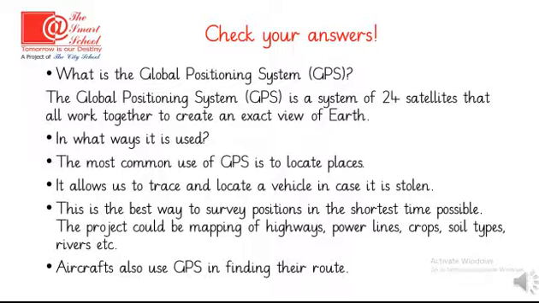It allows us to trace and locate a vehicle in case it is stolen. This is the best way to survey positions in the shortest time possible. The projects could be mapping of highways, power lines, crops, soil types, rivers, etc. Aircrafts also use GPS in finding their route.